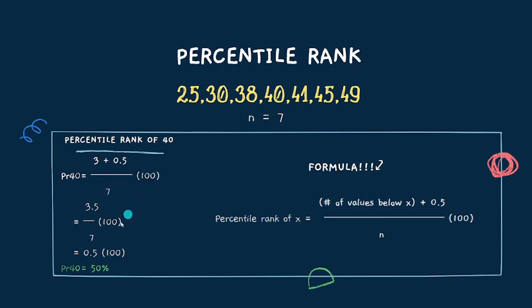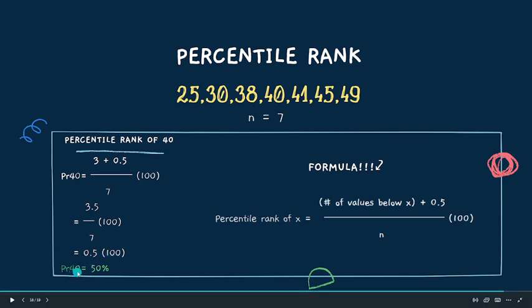So 3 plus 0.5 is equal to 3.5 over 7 times 100, which results in 0.5 times 100. So our PR of 40, or percentile rank of 40, is equal to 50%.